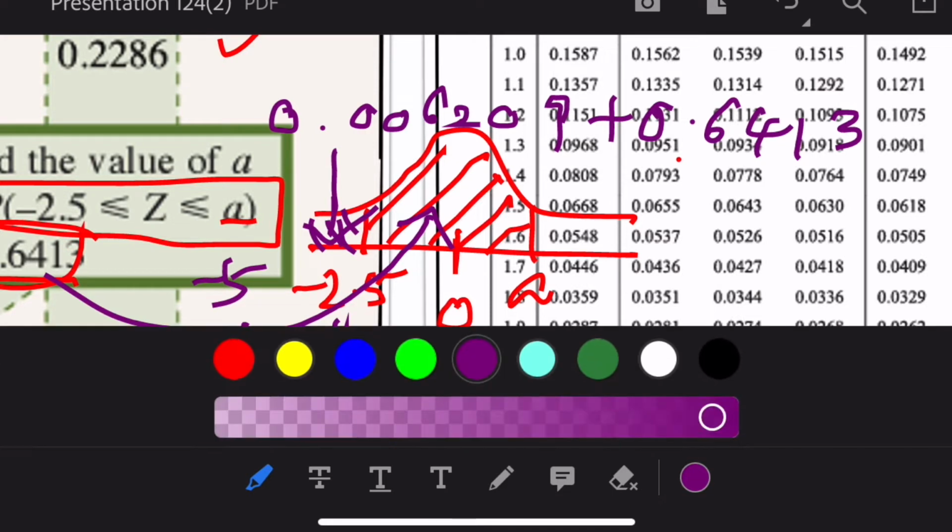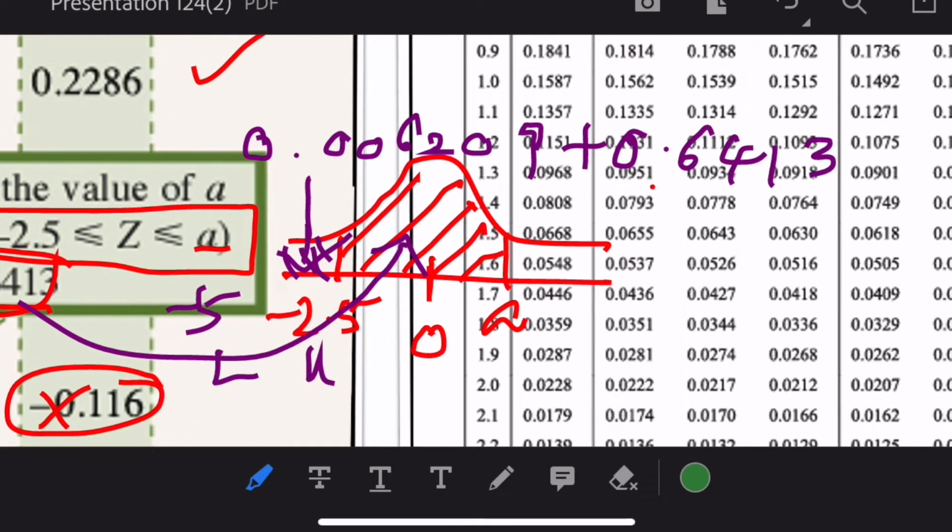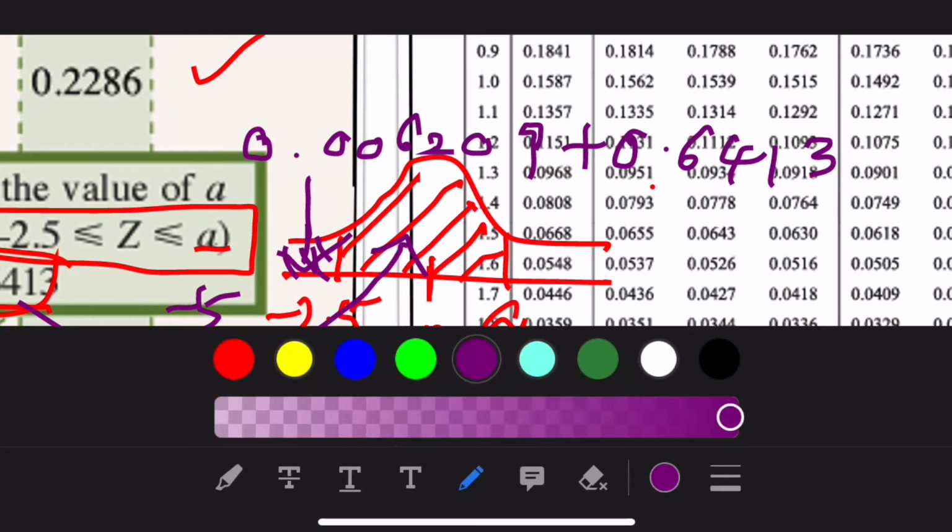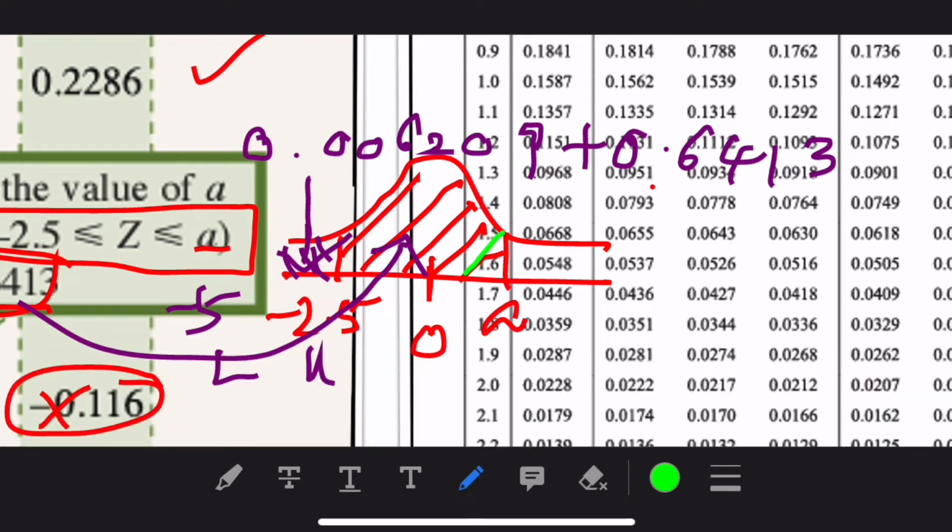You understand what I mean? So I'm going to show you that I can use a calculator where the area is shaded to the left. You don't make any changes to the standard deviation and the mean, 1 and 0.